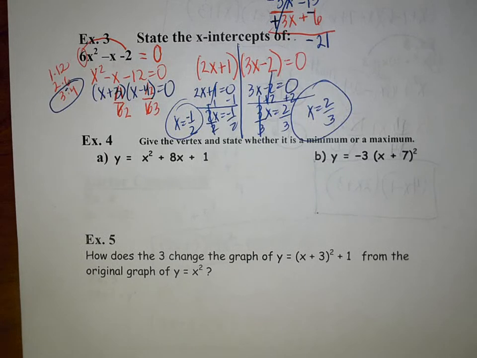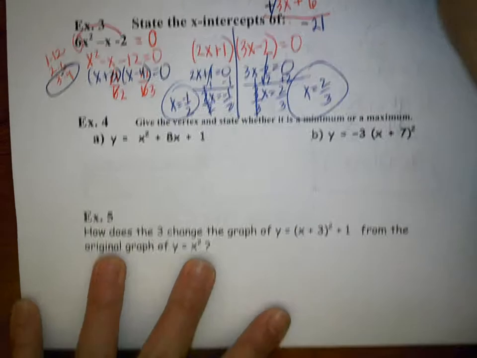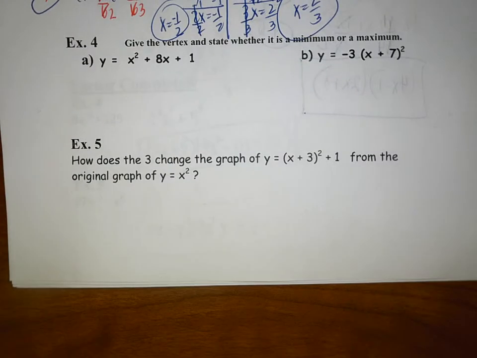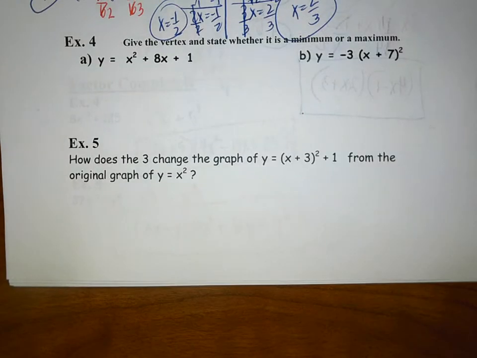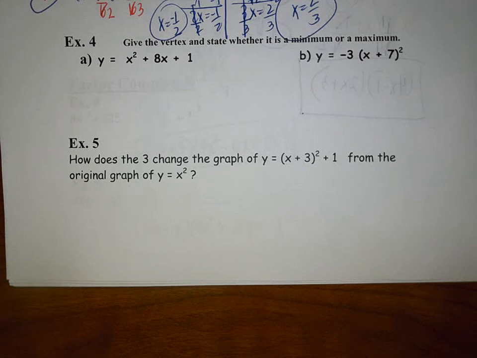All right, example 4. It says, give the vertex and state whether it is a minimum or maximum. Who remembers how to state the vertex when it's in this form? How do you find the vertex? Negative b over 2a. Yes.